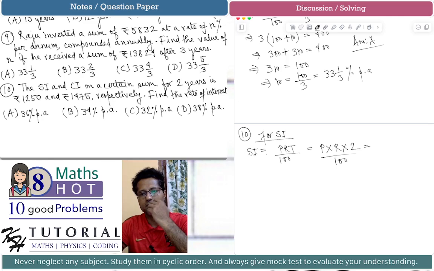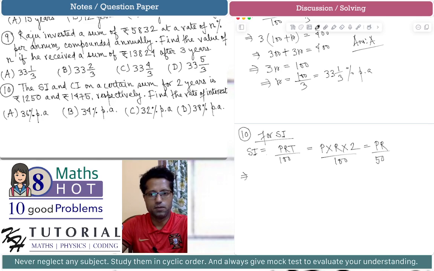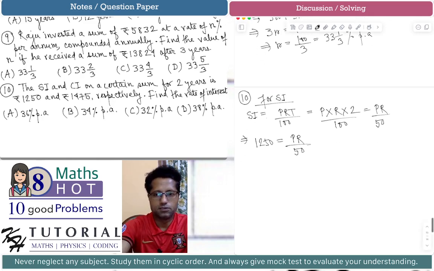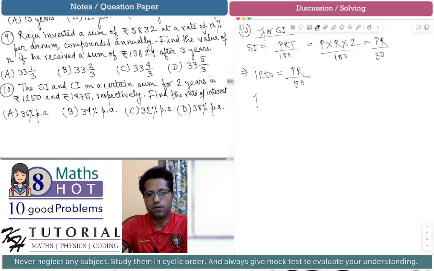So this is equal to PR by 50. The simple interest is given to be 1250. So 1250 is equal to PR by 50.